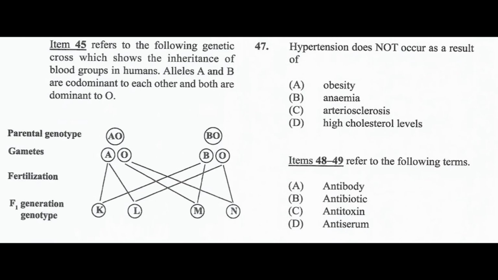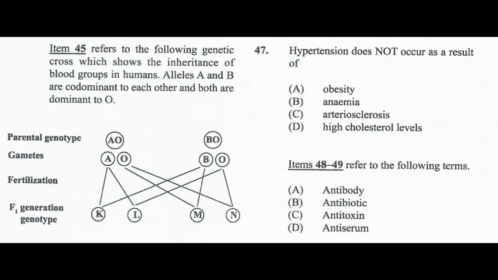45 refers to the following genetic cross, which shows the inheritance of blood groups in humans.